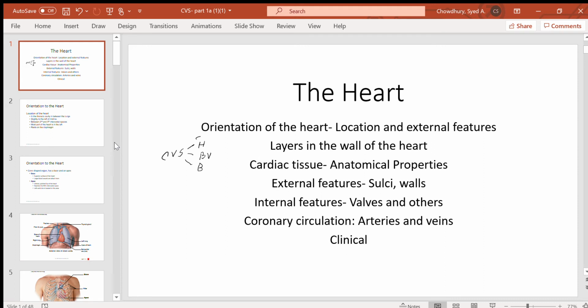So we are going to talk about the heart. Heart is the only one in your body, right? Blood vessels are many. There are 3 types of blood vessels: arteries, veins, and capillaries. And the blood circulates inside the heart and the blood vessels.